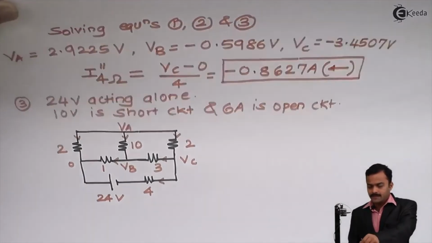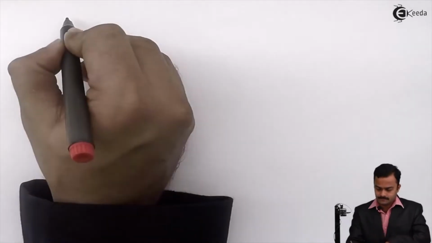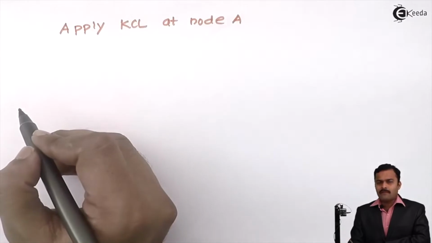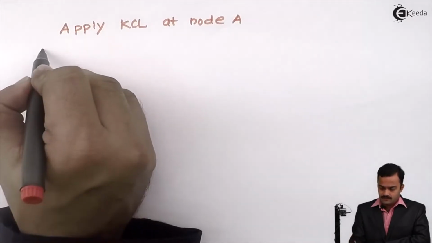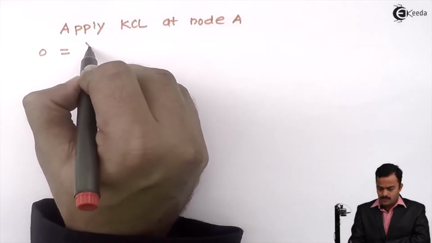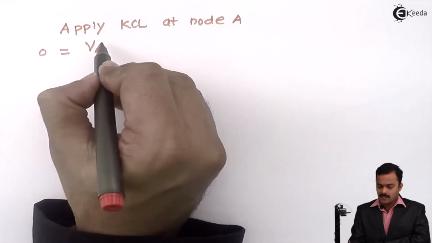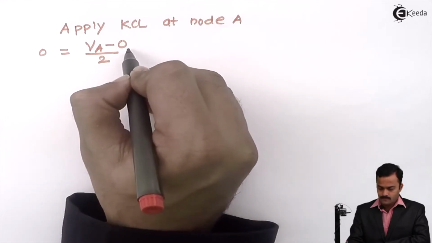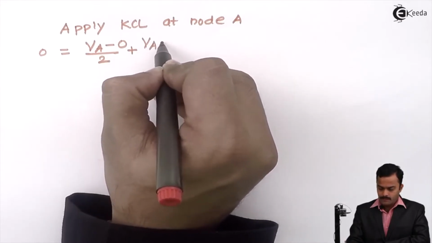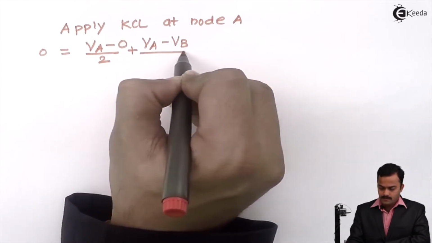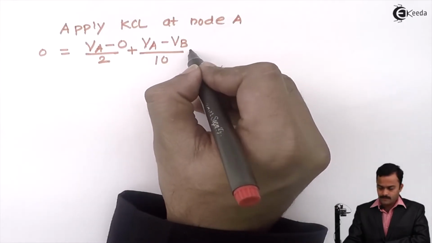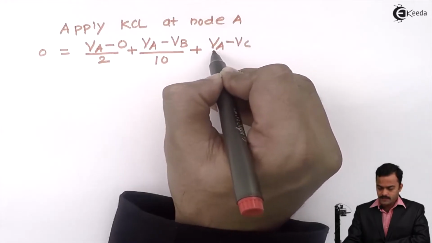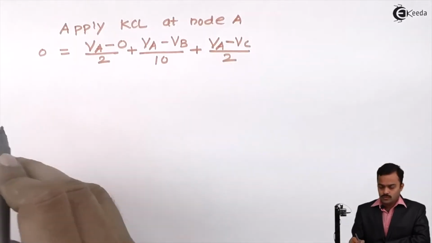So let's apply KCL at node A. I am not having any incoming current branch, so 0 equal to all the branch currents are outgoing, so Va minus 0 divided by 2 plus Va minus Vb divided by 10 plus Va minus Vc divided by 2.